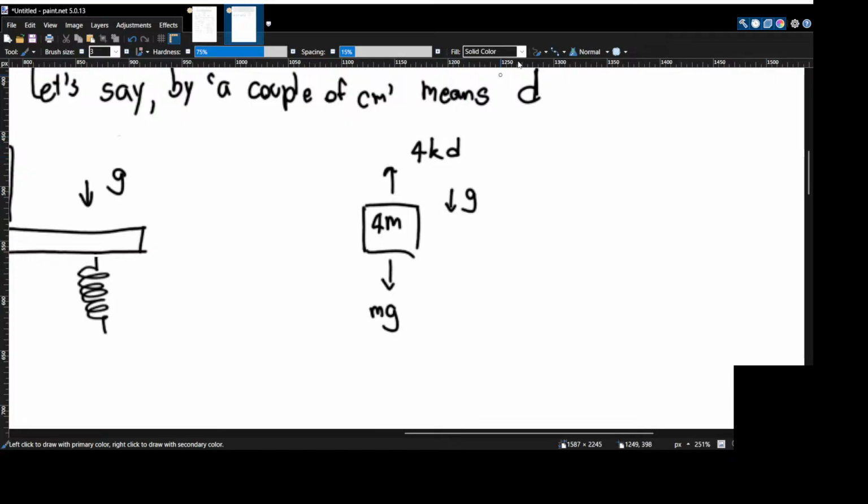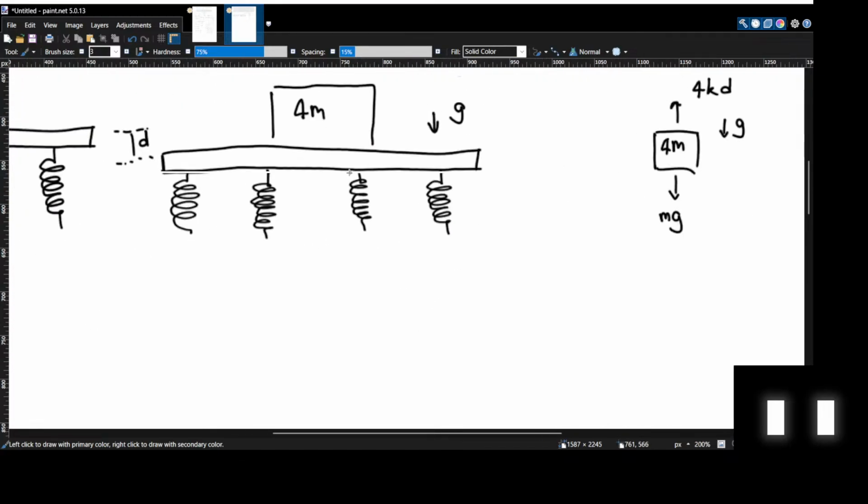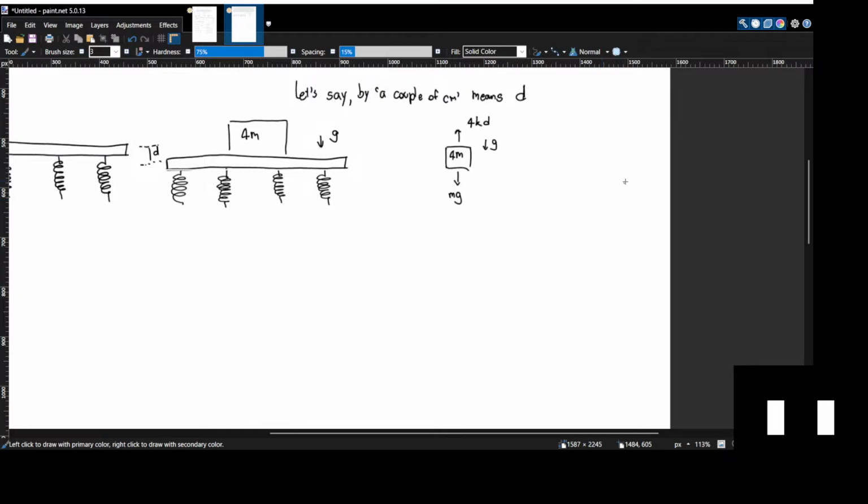As you know, if you displace a spring from its original spot by d, the force from each spring is going to be kd. Now we have 4 springs, all displaced by d. Therefore, it's equivalent to the spring force pushing up by 4kd.